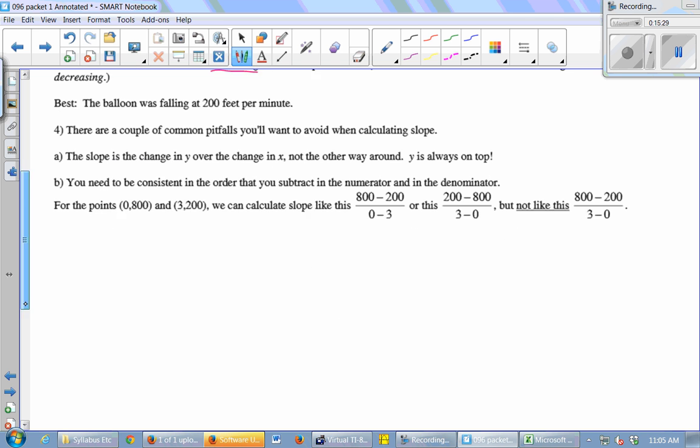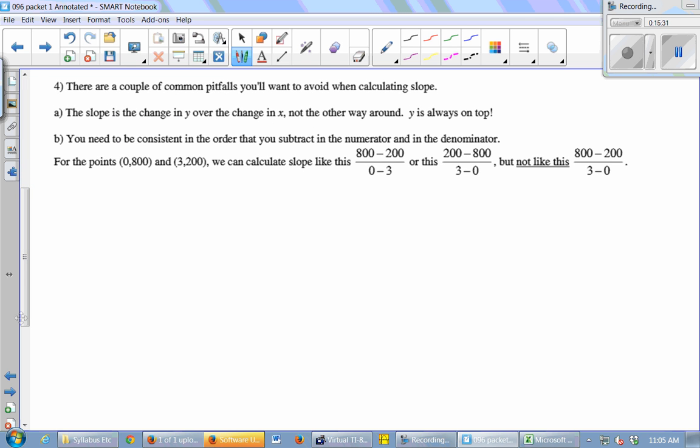All right, there are a couple of common pitfalls when you are calculating slope that you're going to want to avoid. Slope is change in y over change in x, so vertical always goes on top, horizontal always goes on the bottom. It's very easy to reverse it, to forget which one goes on the top and the bottom. You need to be consistent in the order that you subtract in the numerator and the denominator.